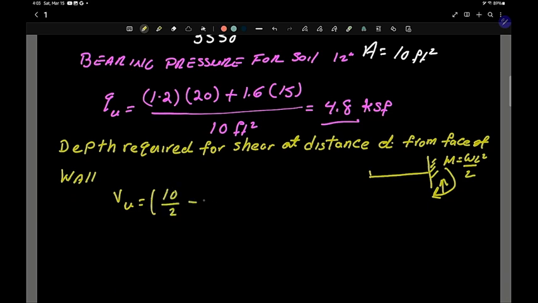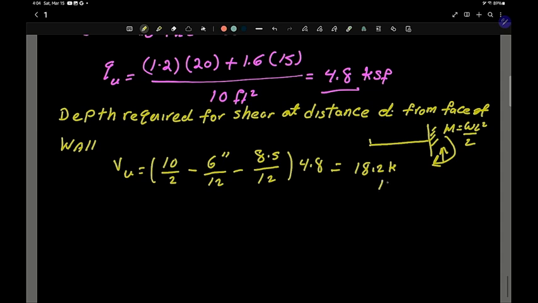Take out the thickness of the wall itself, 6 inch divided by 12. And then take out the D, which was 8.5 divided by 12. And then multiply that by 4.8 kip per square foot. And that's going to give us 18.2 kip, or 18,200 pounds. Let's just round it to that number.